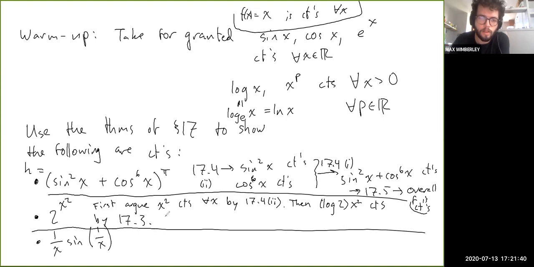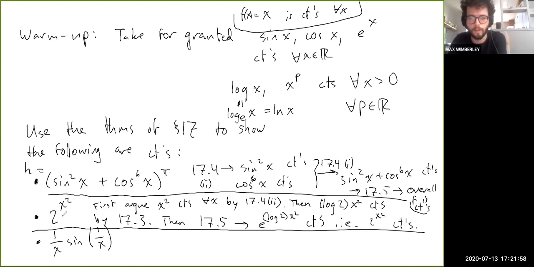And then 17.5 just directly tells us that e to the log of 2 x squared is continuous. So 2 to the x squared is continuous. Okay? Yeah, that's actually a bit simpler. All right, any questions about that?